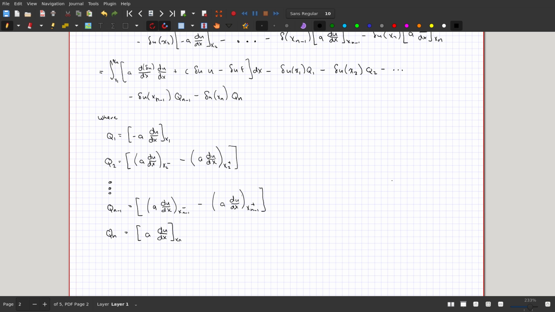But in the standard finite element method, these are always going to balance or be zero. So we don't have to worry or do anything special at those interior nodes.